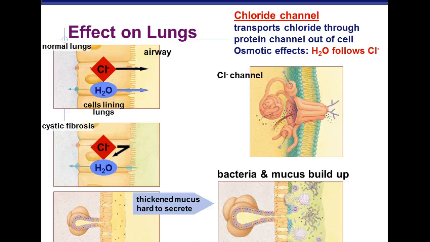However, in people with cystic fibrosis, non-working cystic fibrosis proteins means no salt enters the airspace and therefore no water follows it. Now the result is the mucus layer is concentrated and very sticky, which can cause problems.